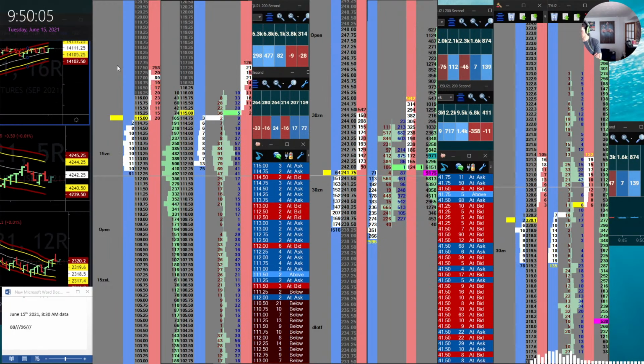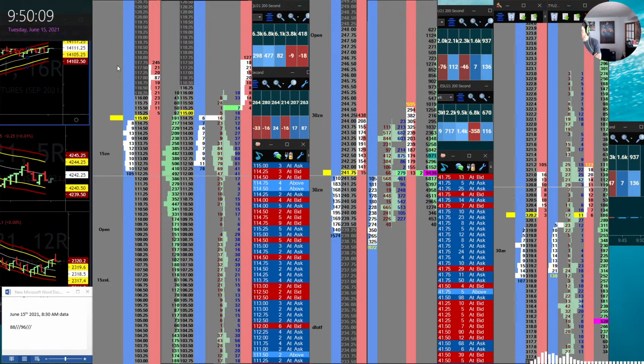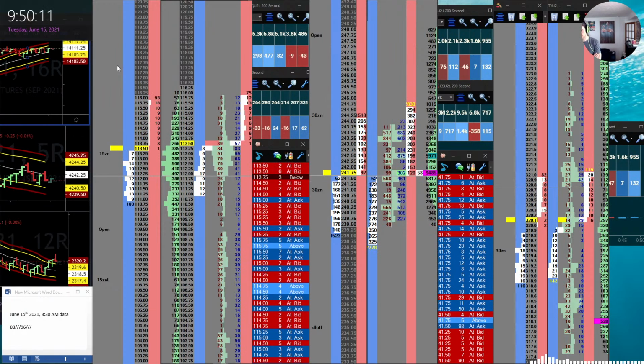There's a freeze again. Yeah, whenever a ton of volume hits, it seems to be freezing. Look at that.